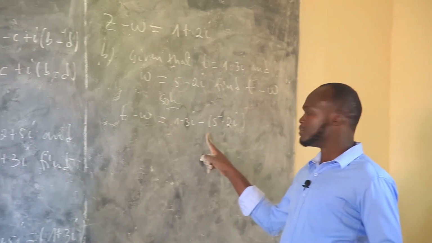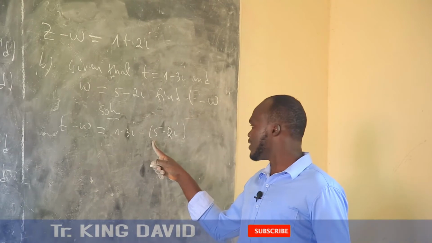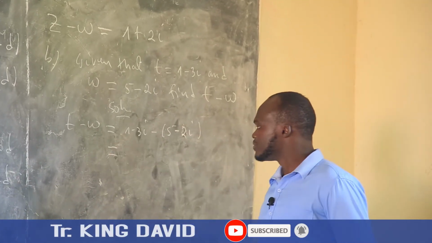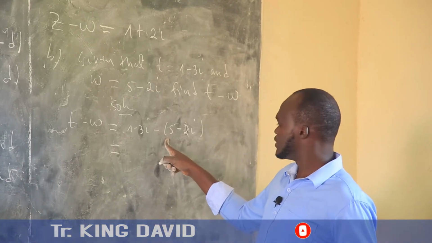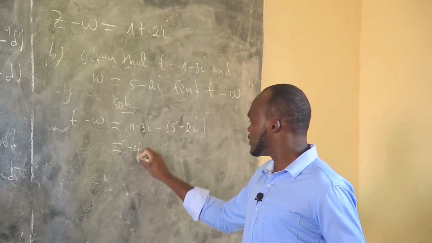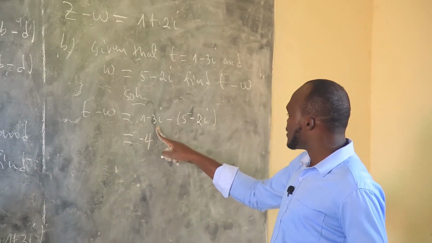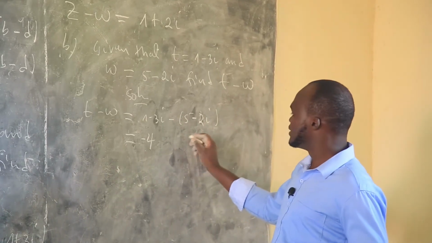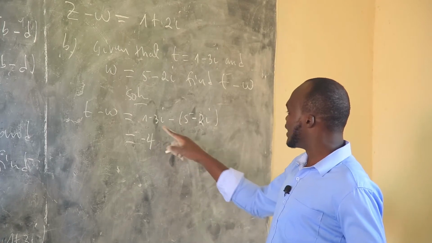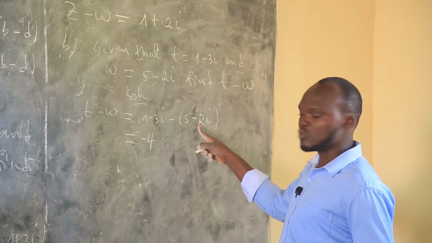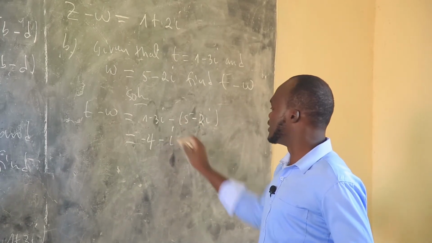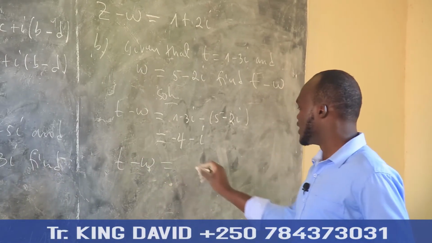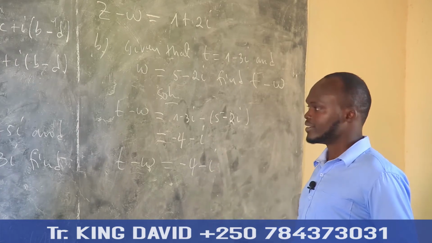I'm using the bracket because this negative will affect 5 and also this 2. So what will be the answer? 1 minus 5 is negative 4. Negative 3 minus minus, minus minus becomes positive, that is negative 3 plus 2, which is negative 1. The answer will be negative i. So t minus w is negative 4 minus i.